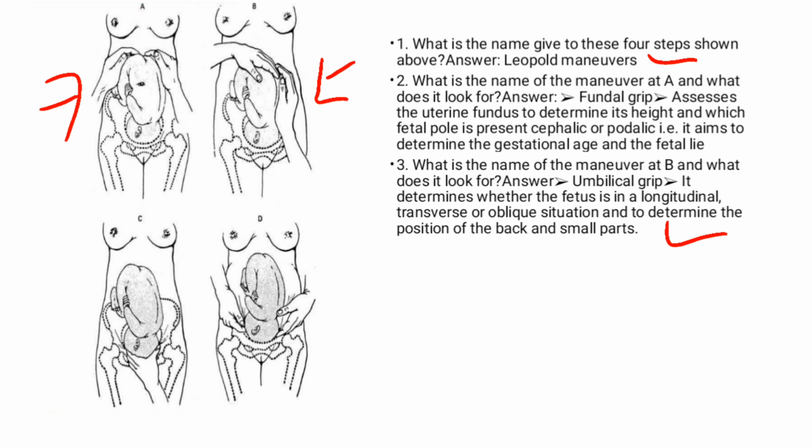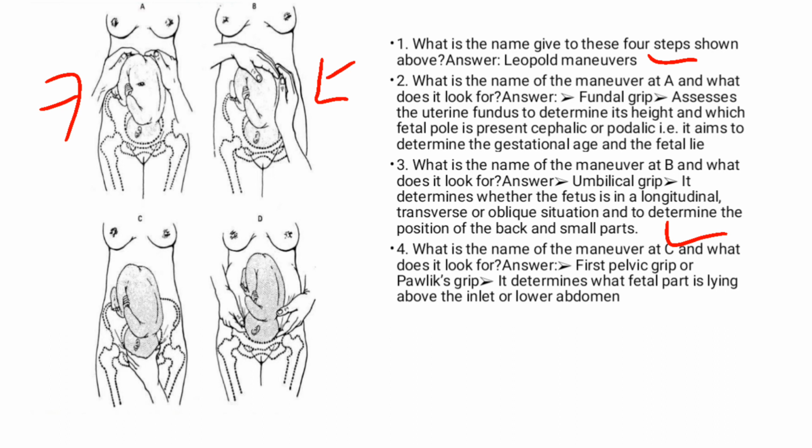Then, what is the name of the maneuver at C? So the maneuver at C is known as the first pelvic grip. Depending on the literature, you find that other literature will just call it by other names.